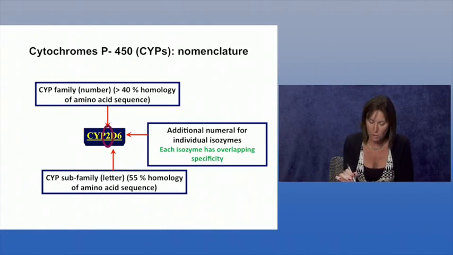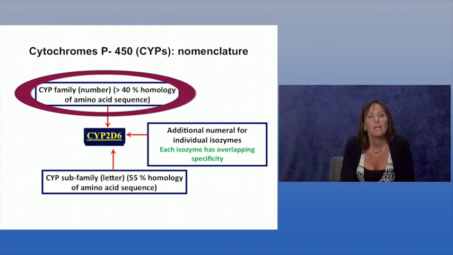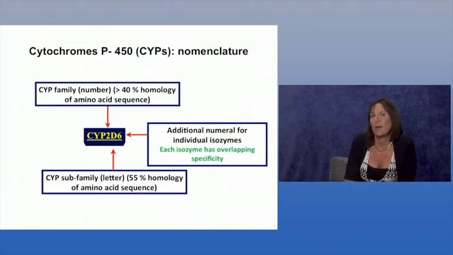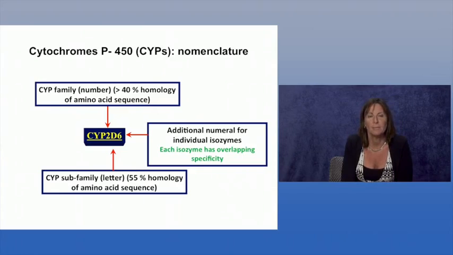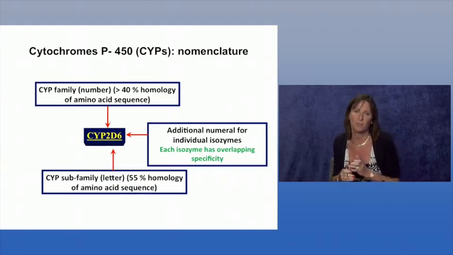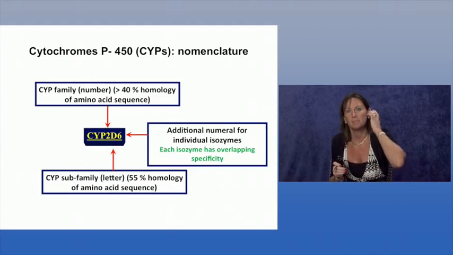The first number refers to the family number. We talk about homology of amino acid sequence quite often in pharmacology in general. The enzymes of a CYP family bear pretty decent similarity, with 40% homology of amino acid sequence amongst them.